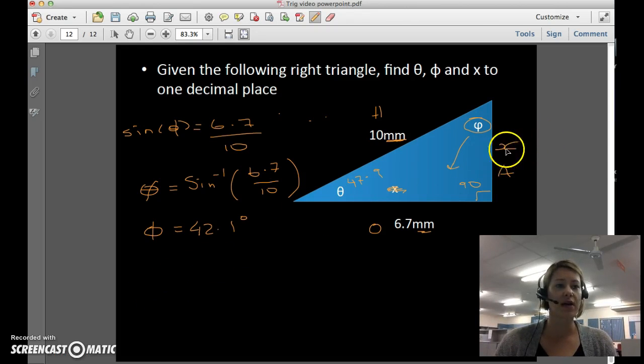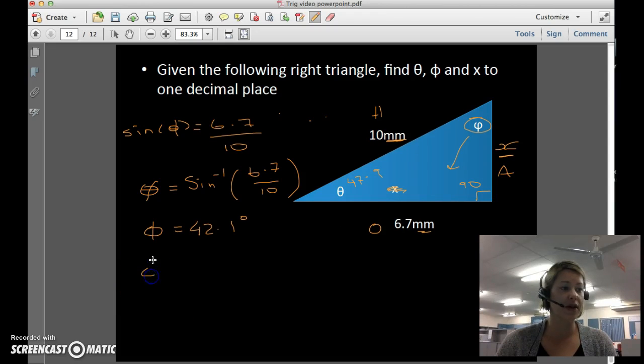Okay, so now we have one more unknown. We need to find what x is over here. So we could use the trigonometric identities because we know two angles now, and use one of those and another length to find x. Or, to avoid using other calculated information, we can use Pythagoras.